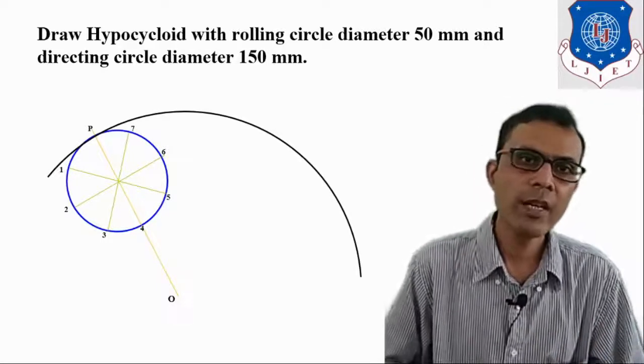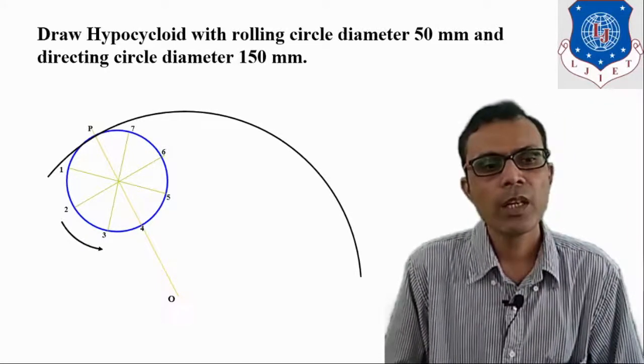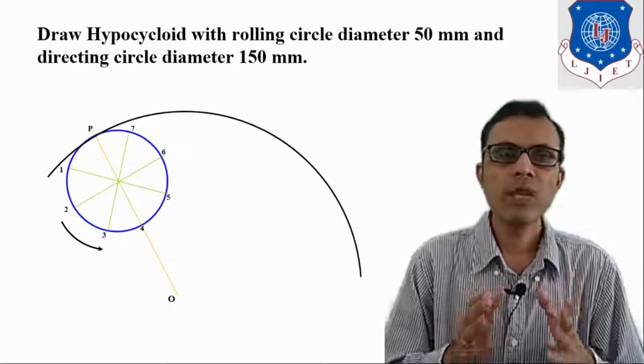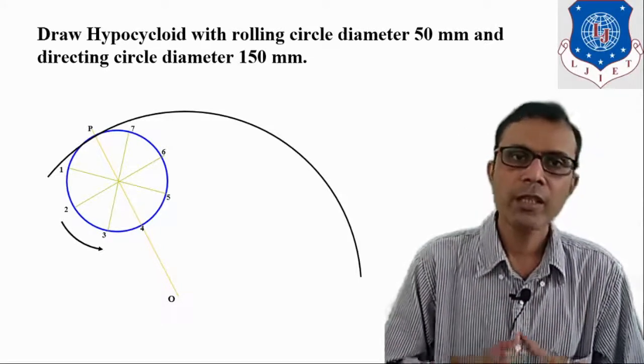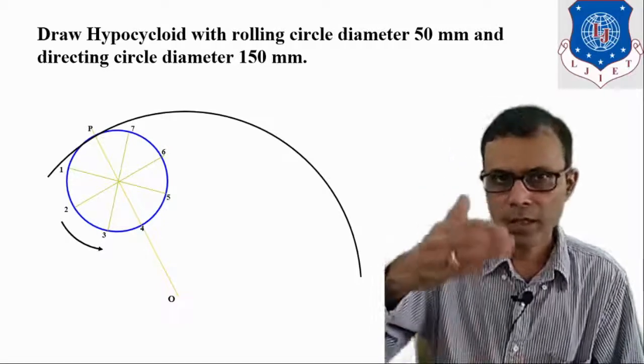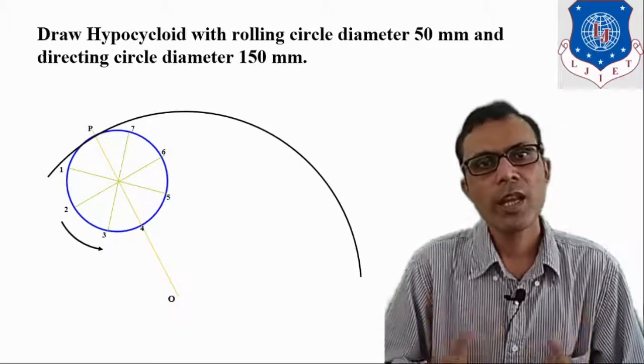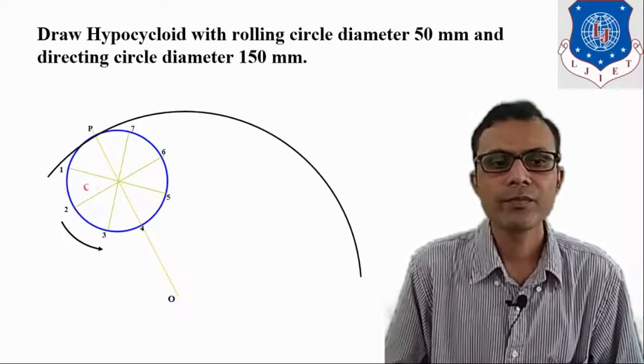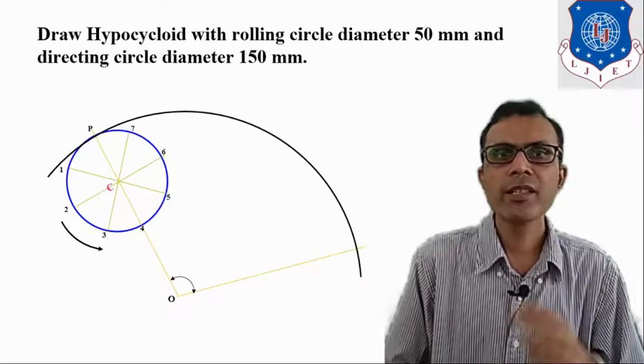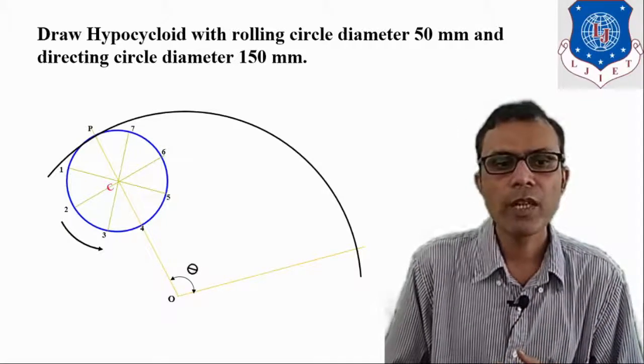So here we are dividing it into 8 equal parts. One important point you should notice is that the direction of the rolling circle is anti-clockwise. It rolls in anti-clockwise direction. C point is the center point of the rolling circle.